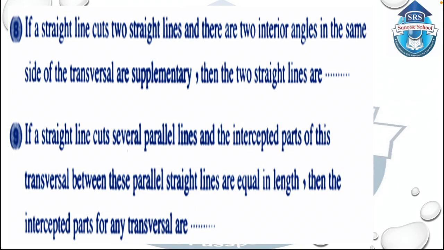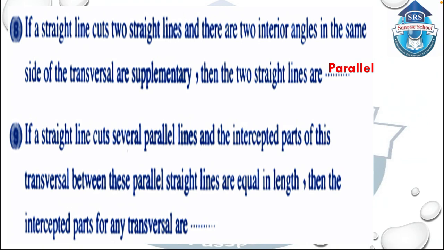Question number 8. If a straight line cuts two straight lines and there are two interior angles on the same side of the transversal that are supplementary, then these two straight lines are also parallel.